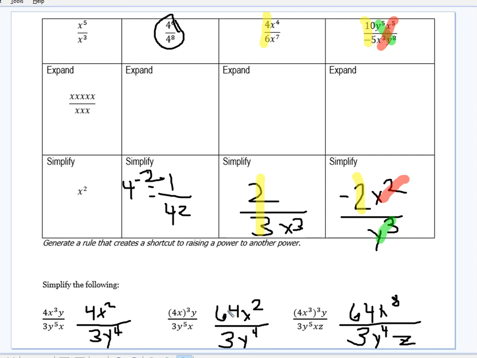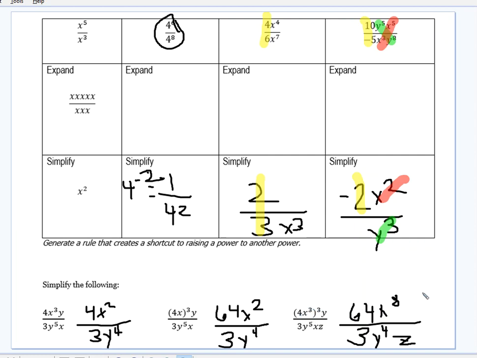So for this one here, we have 64x to the 3rd over x, which just simplifies to x squared, y over y to the 5th, which simplifies to y to the 4th, and then our numbers don't simplify, so we just leave them like that. And the last one, the 3 is going to the 4, but it also is going to x to the 3rd power, so there's an additional exponent on the inside variable, so that means this would be x to the 9th.